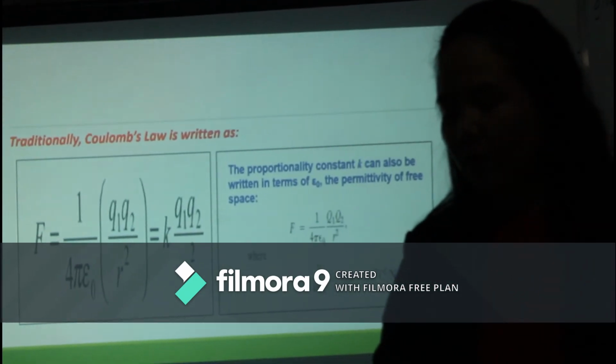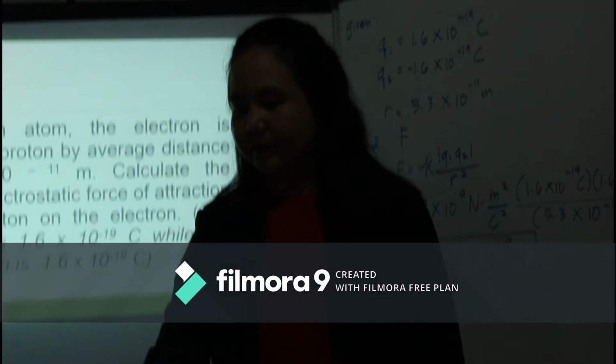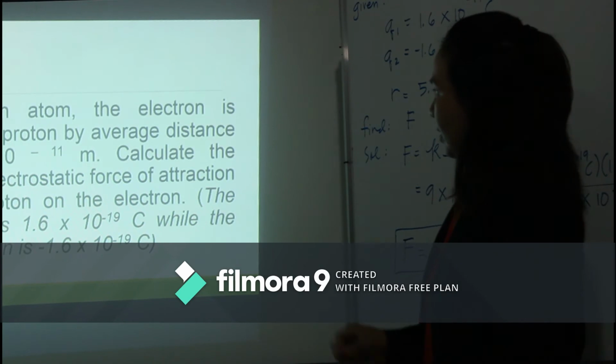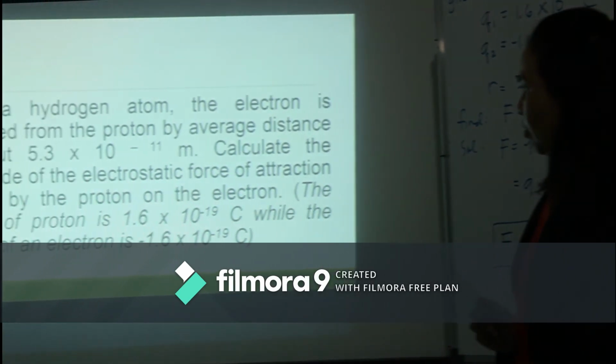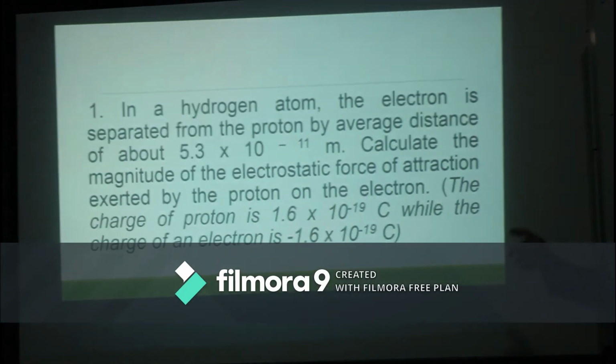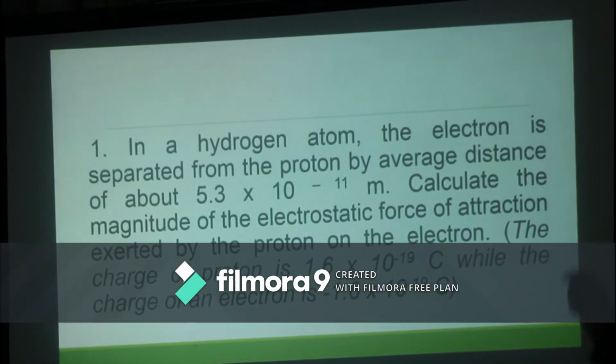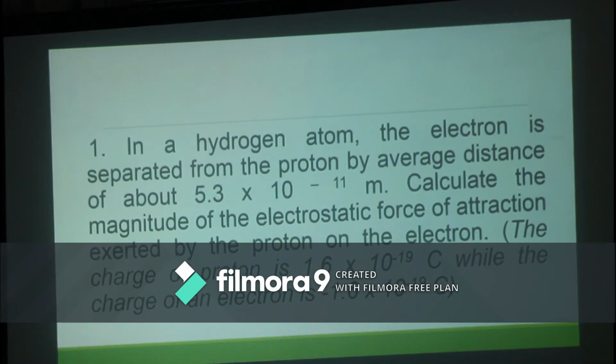Now, going back to our first problem in our activity, we will use that equation in order to find the magnitude of the electrostatic force of attraction exerted by the proton on the electron.